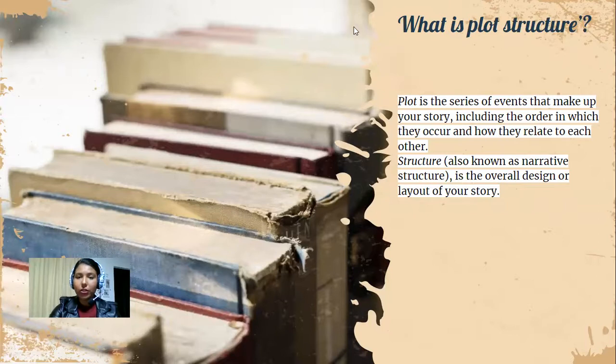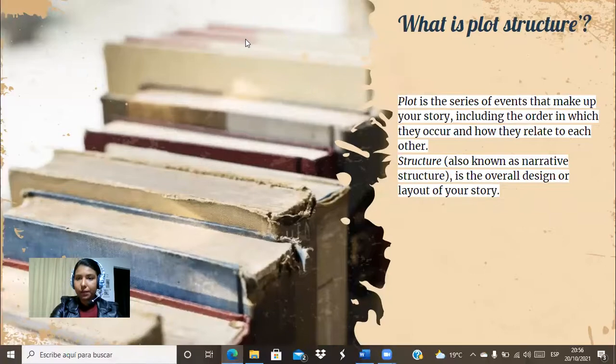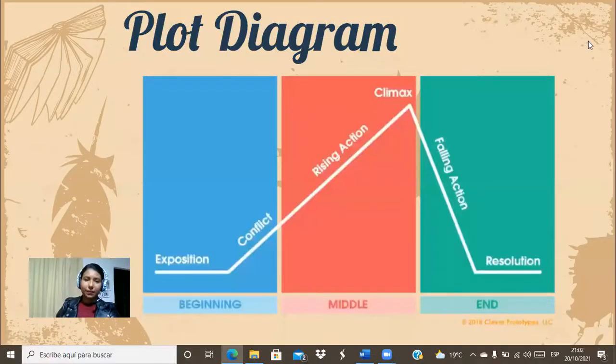So we are going to continue talking about the plot diagram. Here we have a plot diagram. I have to tell you that the idea of a plot diagram goes back to the ancient Greeks. Aristotle thought that each story has three different stages.